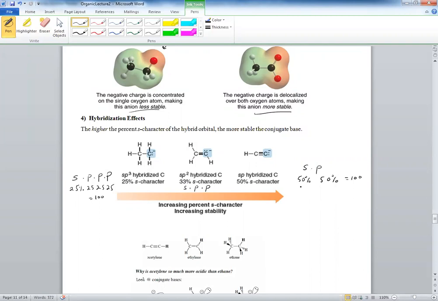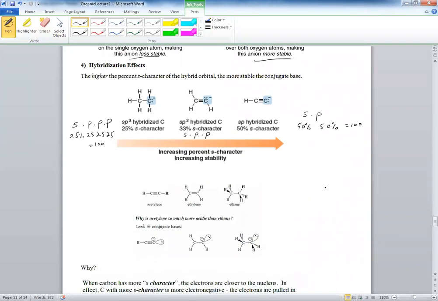So what's happening here? Why does this one, for example, result in the stability? Well, you can think of it this way.